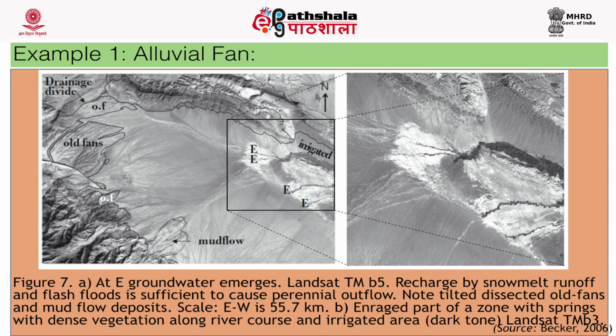On the left side of the diagram we can see some old fans, some mud flows, and the drainage divide is also indicated in the upper part of the diagram. So here recharge, mostly by snow melt runoff and flash floods, is sufficient to cause these streams' perennial outflow.